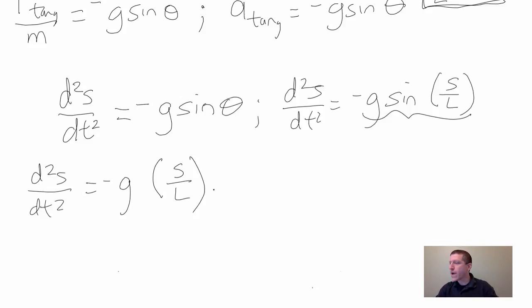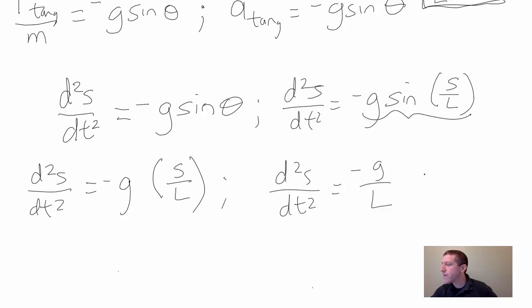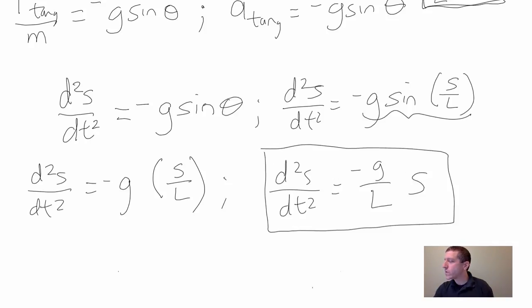So then I can write very simply, d squared s dt squared equals negative g over L times s. Whenever you see the second derivative of something being equal to some negative constant times that something, that's simple harmonic motion, and this right here is omega squared, g over L. And that's all there is to it.